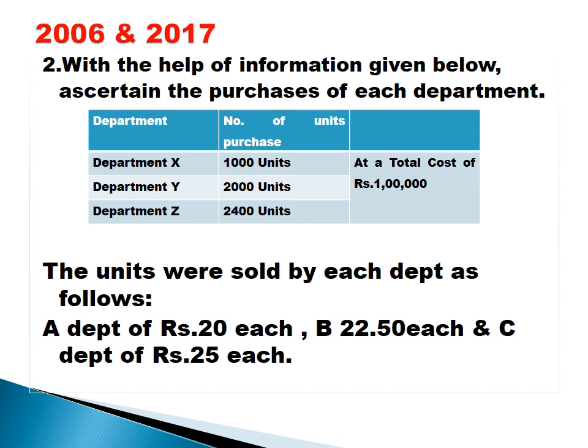Try to solve the problem on your own. First find out the total profit with percentage. Second, find the profit of each department. Third, find the purchase cost of each department and the total purchase cost of each department.